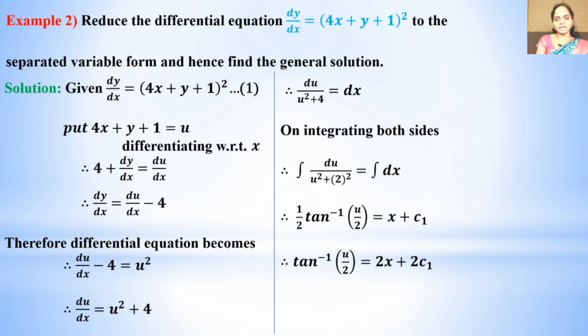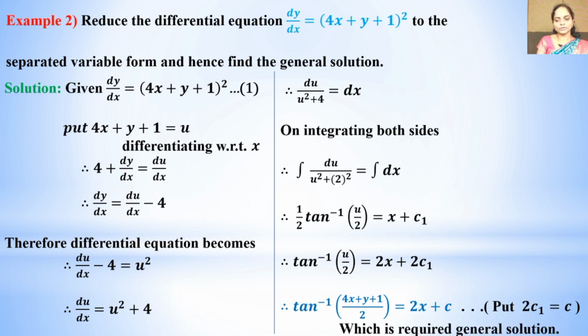So, we write c for 2c1, where c is a constant of integration. Also, we resubstitute the value of u as 4x plus y plus 1. In this equation, we get tan inverse of (4x plus y plus 1) divided by 2 is equal to 2x plus c. This is the required general solution.